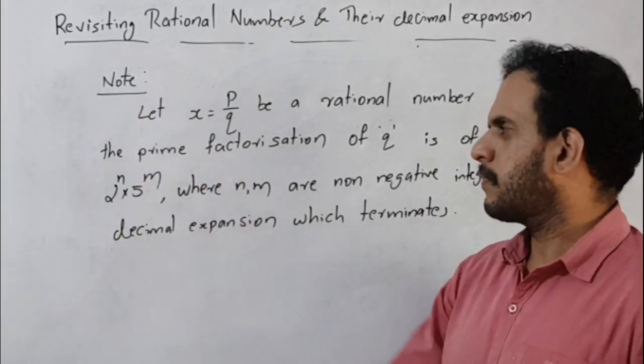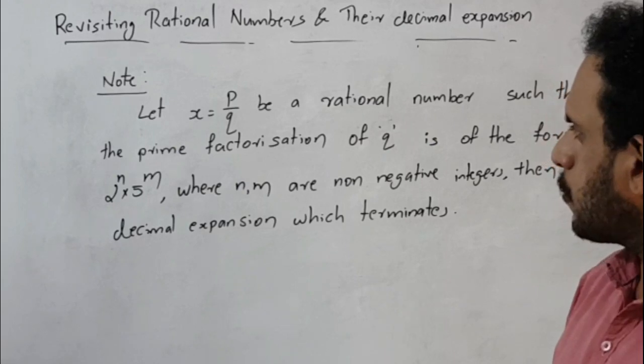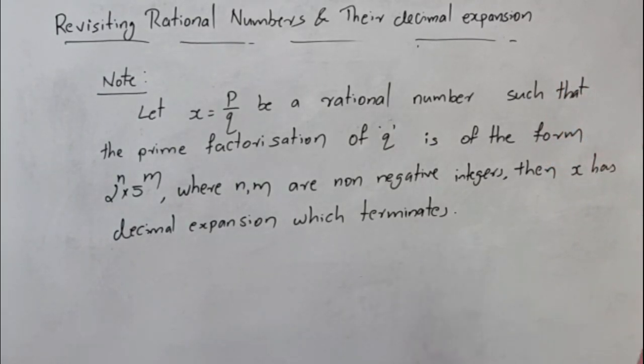The note is, let x is equal to p by q be a rational number such that the prime factorization of q is of the form 2 raised to n into 5 raised to m, where n and m are non-negative integers, then x has a decimal expansion which terminates. Correct?